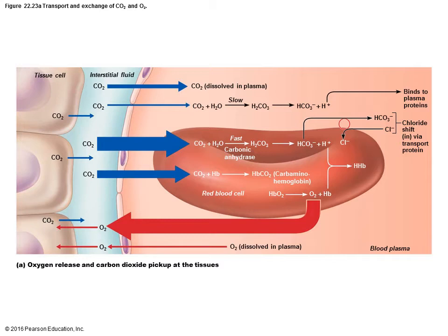Oxygen is going in reverse. It unbinds from the hemoglobin, which is part of the red blood cell, listed as Hb, that's hemoglobin. The oxygen is released and flows out of the capillaries, across the interstitial fluid, and into the cells where it's needed.